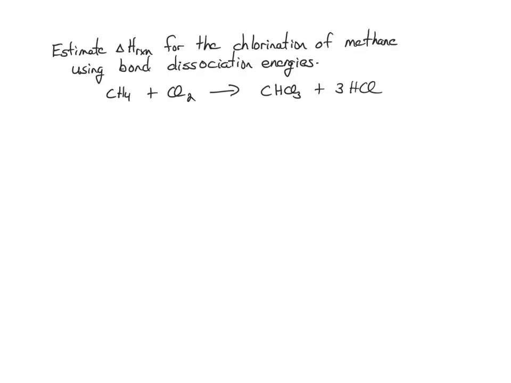Let's work another problem. We'll estimate the delta H reaction for the chlorination of methane. We're going to use bond dissociation energies. So the first step is we'll draw the Lewis dot structure of all the reactants and compounds.